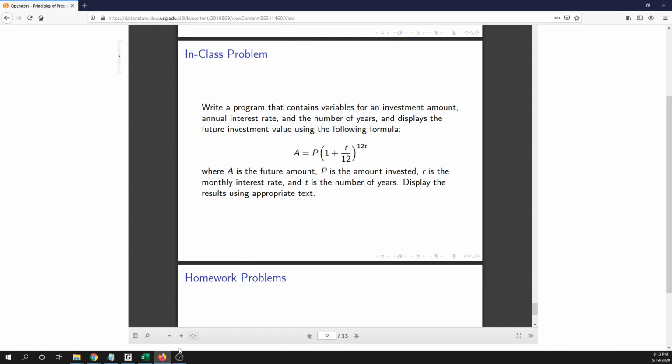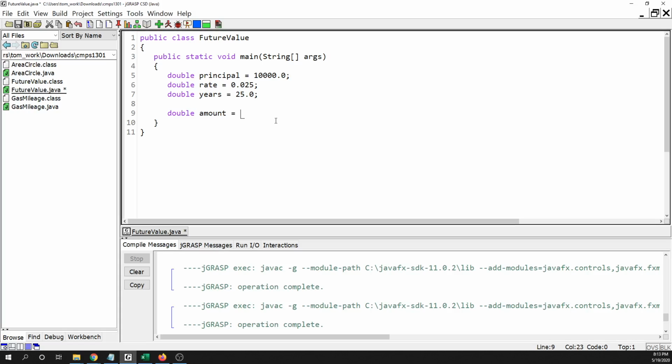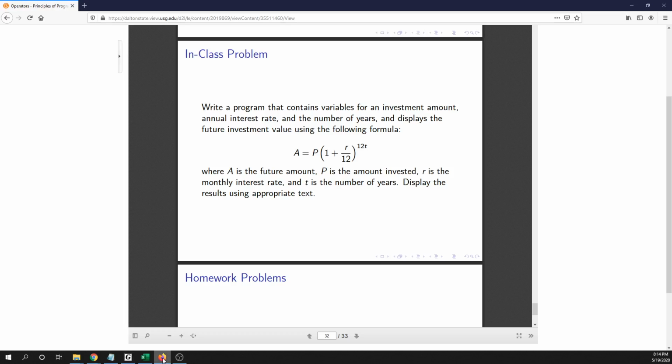All right, so it's principal. That's what we used for the variable P, principal, times, and then something in parentheses. This is a mathematical formula, and in math, when you have this kind of algebra formula, you don't have to put the multiplication operator in there. It's just not required, because the fact of being next to one another, juxtaposition, is implied multiplication in algebra.